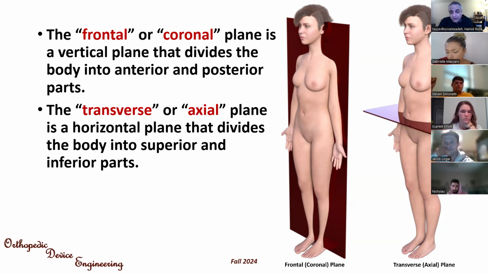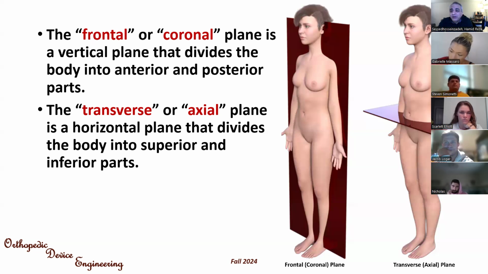Another use of these terms is in imaging. In discussion of imaging, I will explain it for you. I'm sure you have seen some CT scans. CT scans are a specific imaging technique that cuts the body along the transverse plane.